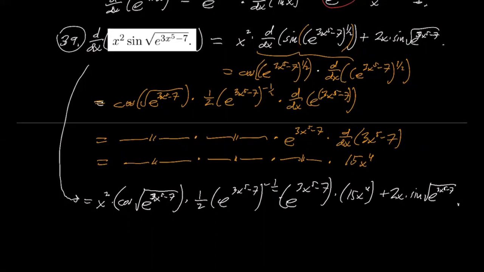Okay, and I mean, you could clean some stuff up here if you wanted to, like there's a 1/2 times a 15. This is a minus 1/2 power, so you could put that on the bottom as a square root. Actually, there's some simplification here because these you can multiply together. Is that right? Did I do anything wrong here? I'm worried I did something goofy.